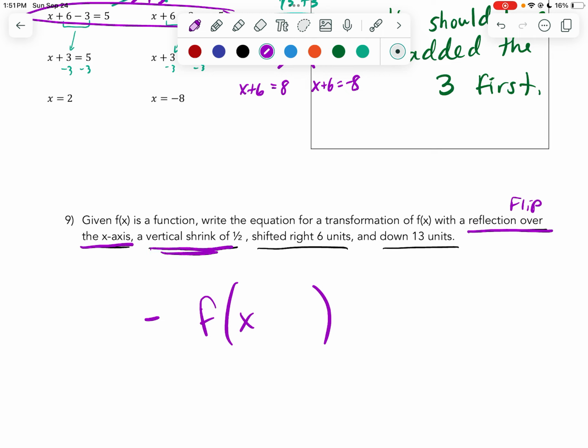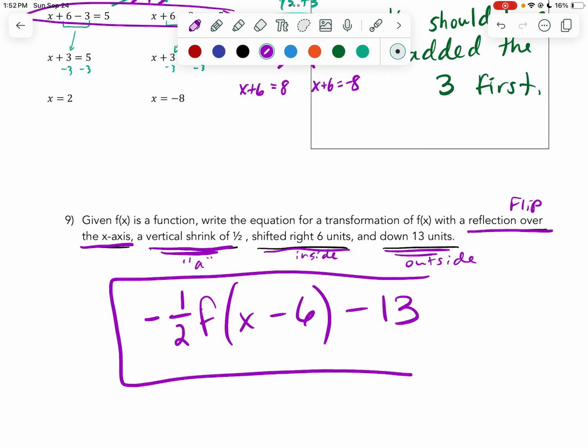Now a vertical shrink, that also is the a value that goes in front. So that would just go right in front of the f. So it's negative, that means a flip. 1/2 means a shrink. Right 6, that goes inside. And we do the opposite. So right 6 would be -6. And then down 13, that goes outside. And we just do what it says. So this would be that function all written out. Okay? All right, let us know when you're ready for a retake.